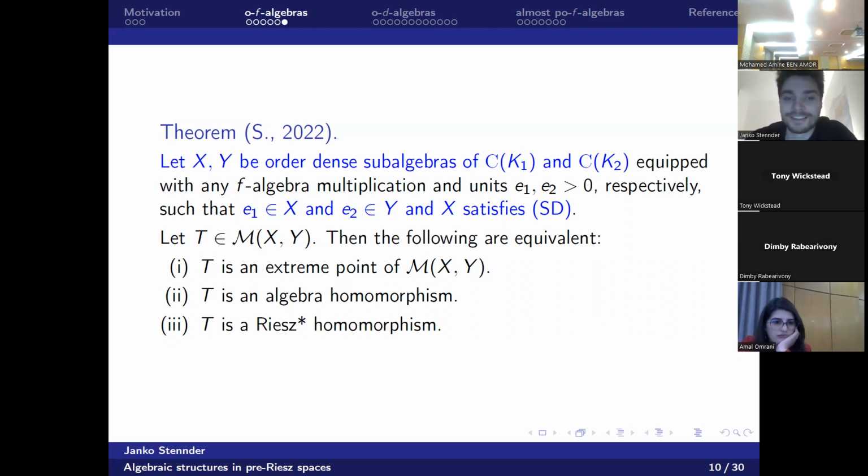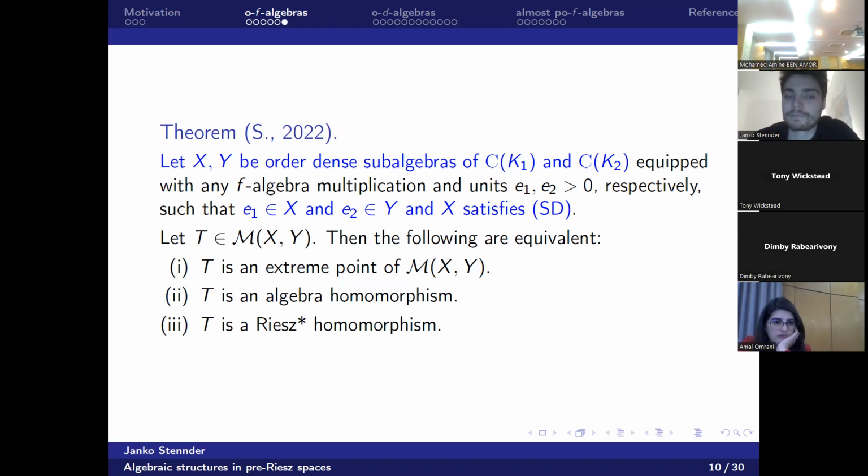In the usual case, it's simple: we use the fact that it's semi-prime, so we get the result. But maybe for a Riesz star homomorphism to be an algebra homomorphism, we must add an extra condition.